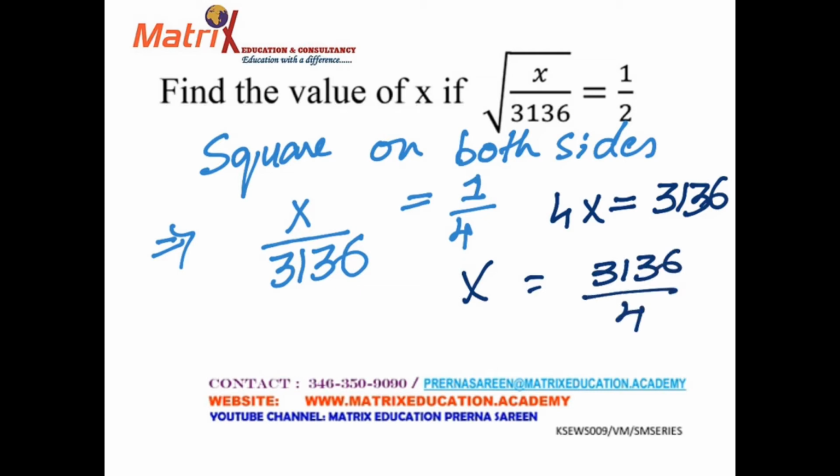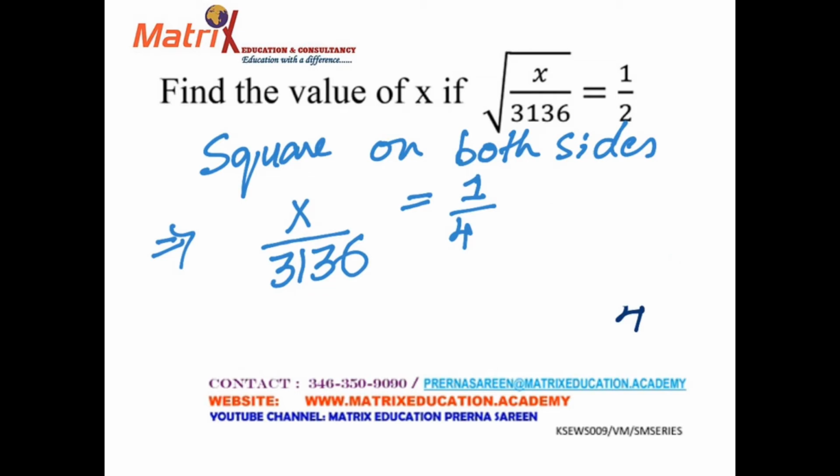We don't do those steps, we just do it quickly, because it is mental math, so I'm erasing these steps. x equal to 3136 upon 4. Now when you reduce this fraction, what do you get?